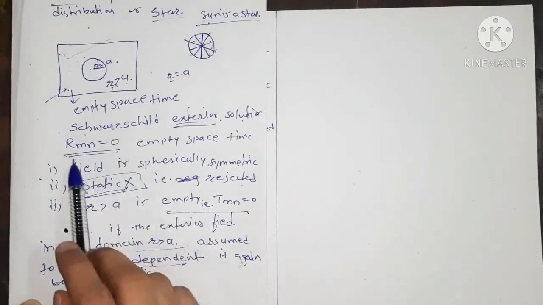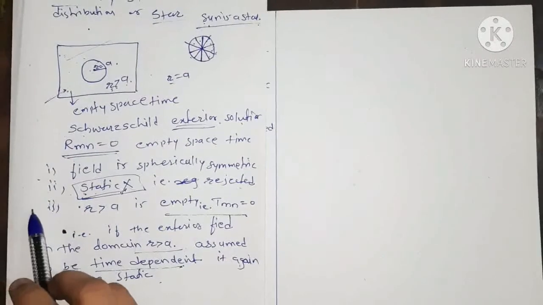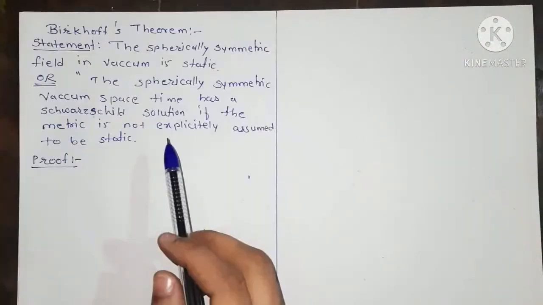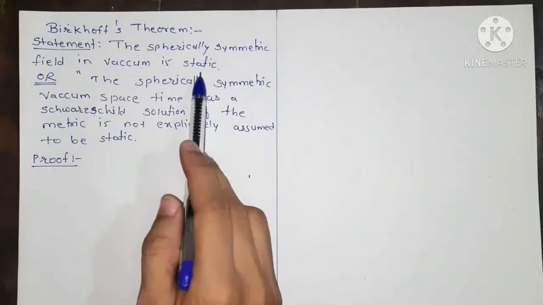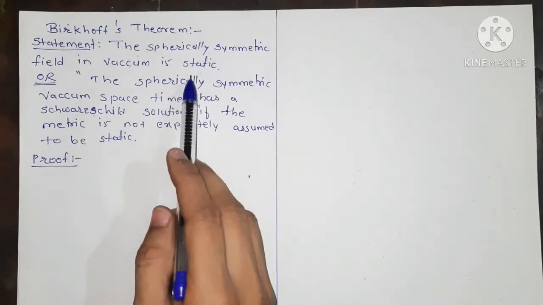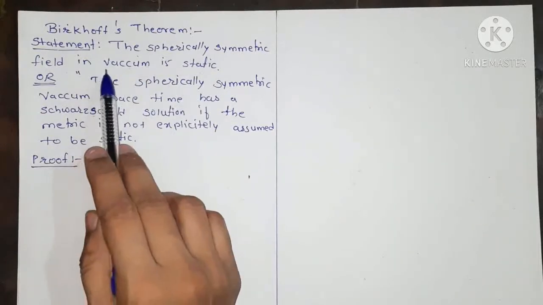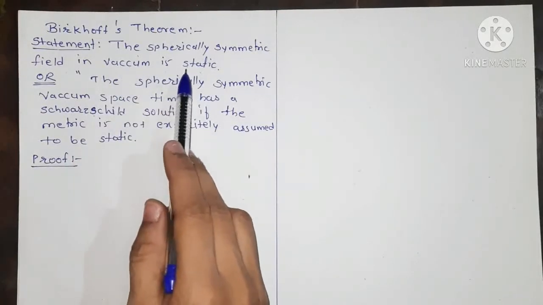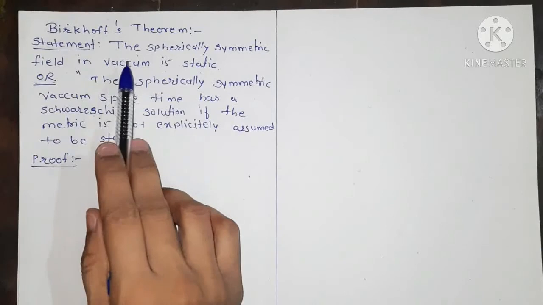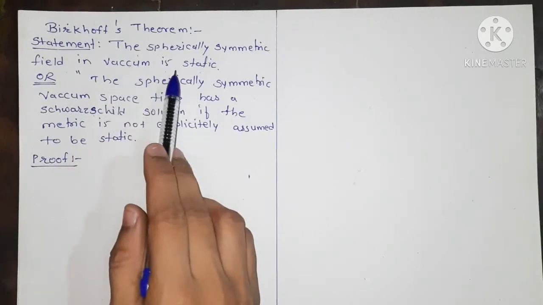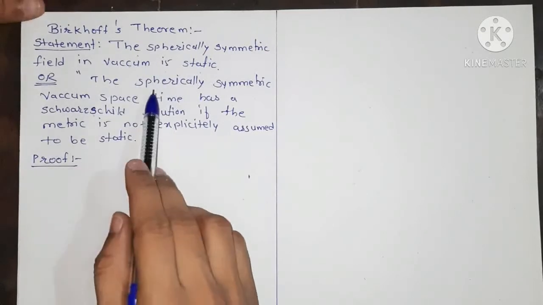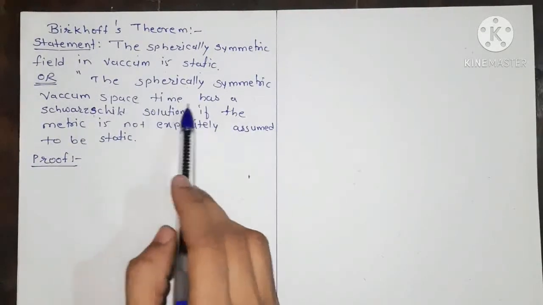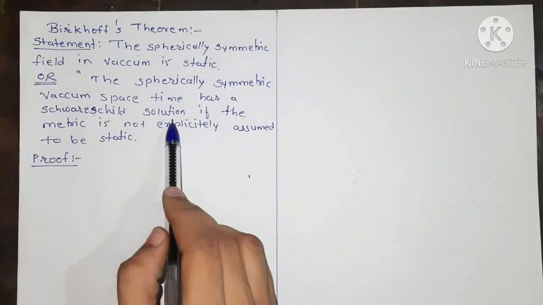This gives us Birkhoff's theorem, which states that the spherically symmetric field in vacuum is static. Or we can say that the spherically symmetric vacuum space-time has the Schwarzschild solution.